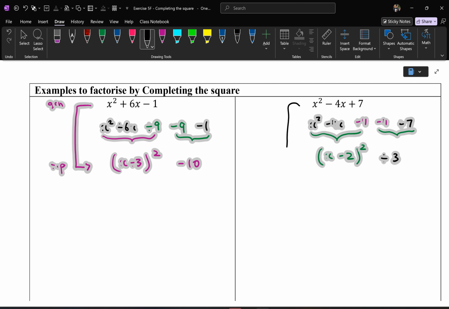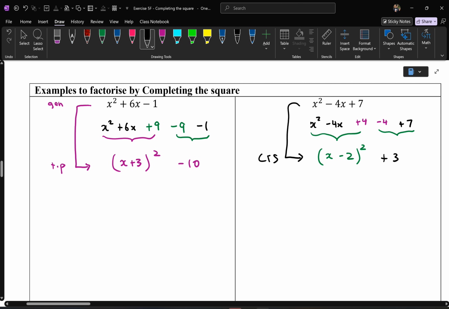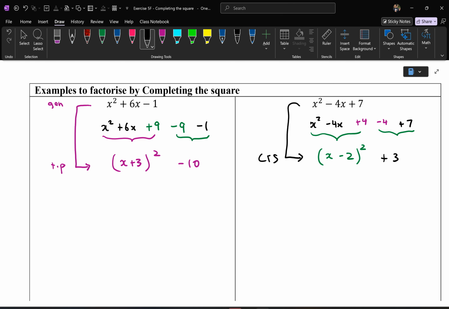Up until this step, this is completing the square, but you haven't factorized yet. Okay? But there is only one scenario that you can factorize further and one scenario you can't. And I want you to be able to tell me why and what's the reasoning. So think about it. Which one can I factorize further and which one can't I factorize further?